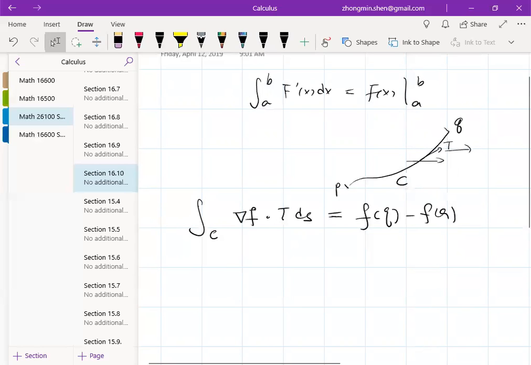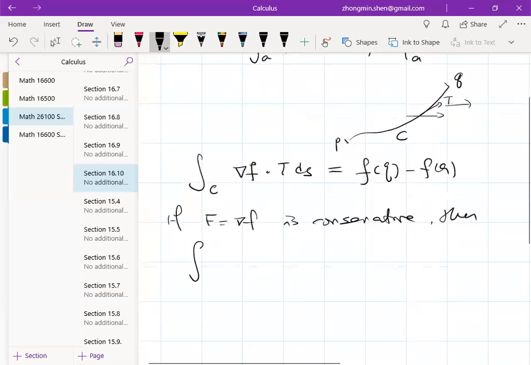Let's look at this example. In case F is conservative, then you can evaluate this integral by the above formula.